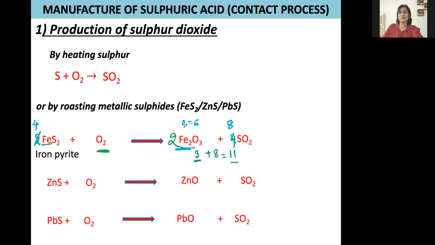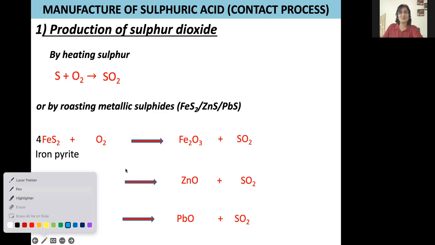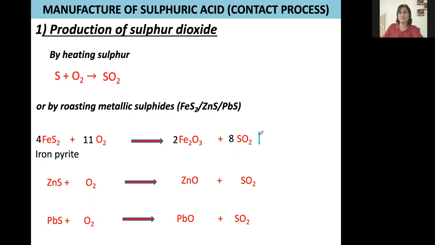Right inside, we have oxygen 6 plus 8 into 2, 16, which is equal to 22. Now, can we make this 22? Yes, by multiplying with 11. So let's summarize. We have 4 iron pyrite with 11 oxygen molecules, to give you 2 molecules of ferric oxide and 8 molecules of sulfur dioxide.